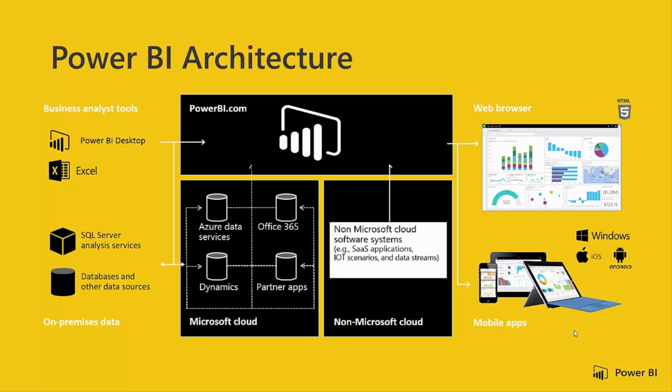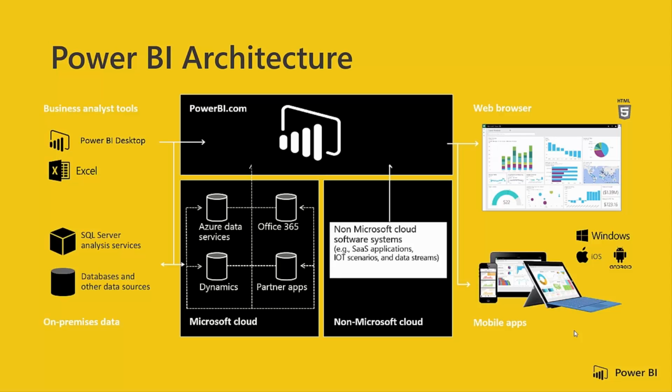From a technical perspective, if I look at the architecture, you have a couple different types of tools to author. You have the Power BI desktop that I just mentioned. We also have the Power Tools that live inside of Excel version 2013 and higher. We do support the assets and the content published from there. We have on-premises data. We have cloud type data and software as a service type data.